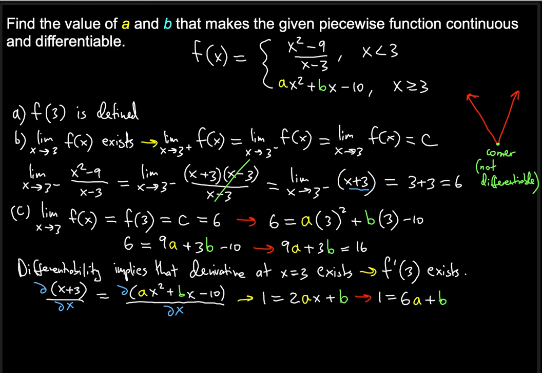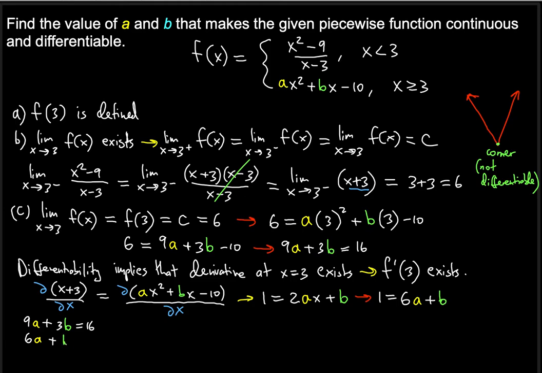So what does that mean? We can write them together. I'm going to write 9a plus 3b is equal to 16. And here I'm going to write 6a plus b.